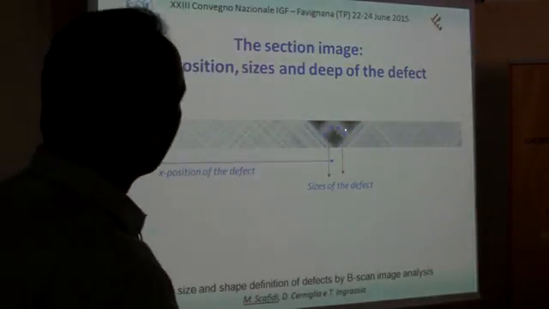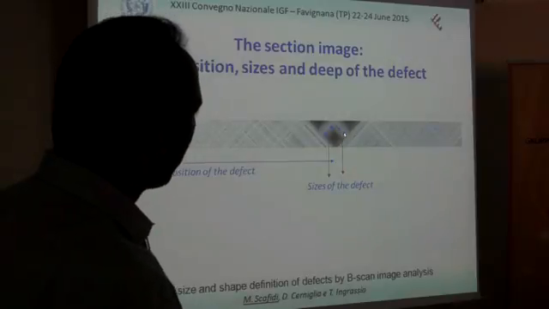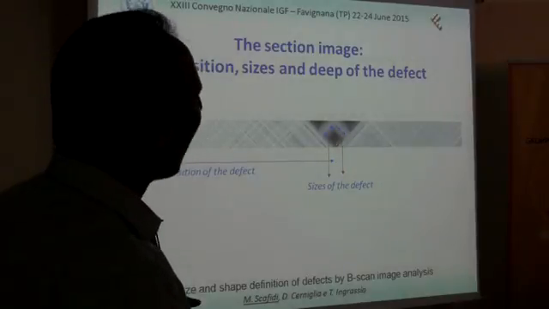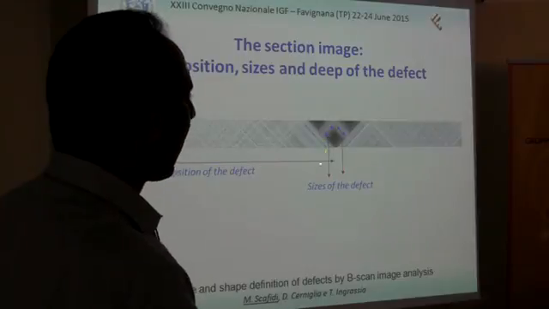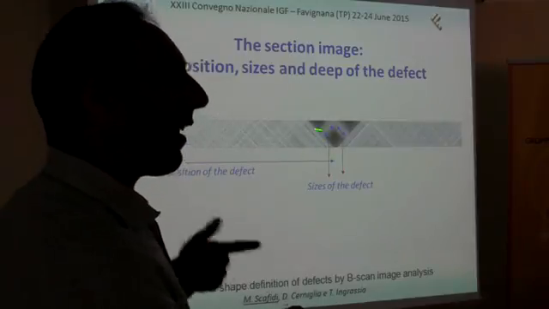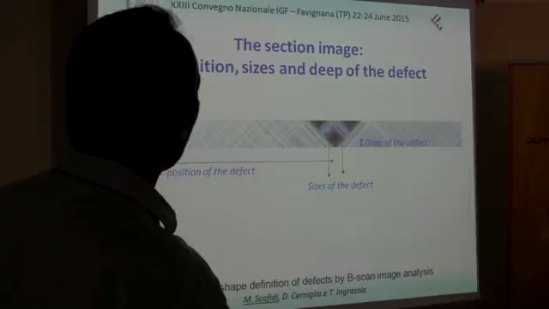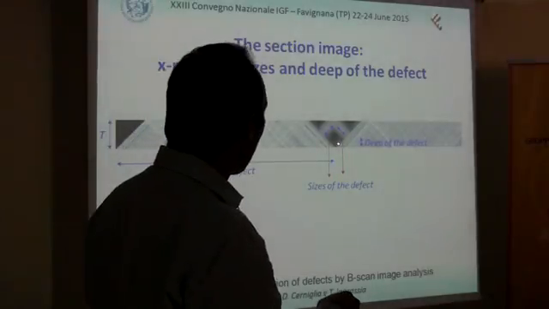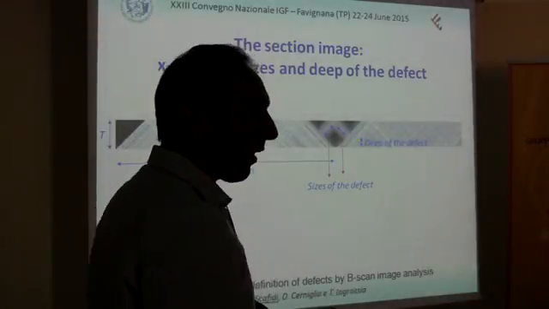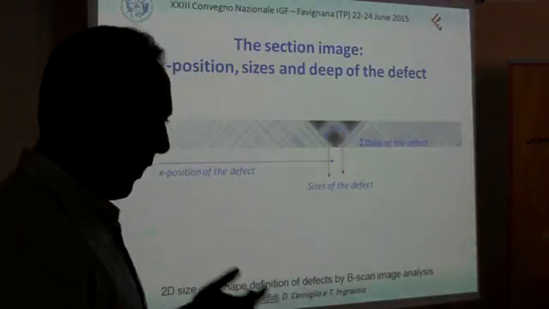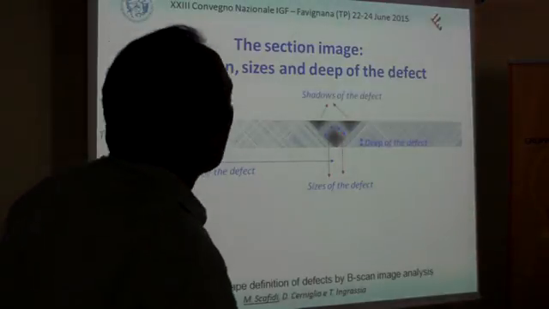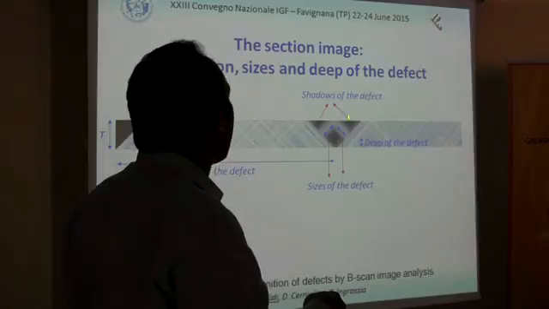We can measure the dimension of the round that contain the defect, and also we can measure the depth of the center of the defect, and we have also this shadow.